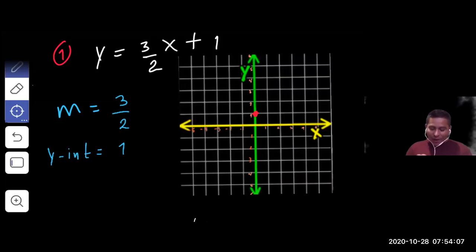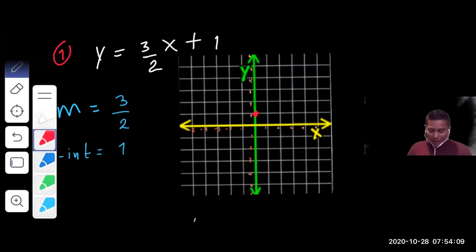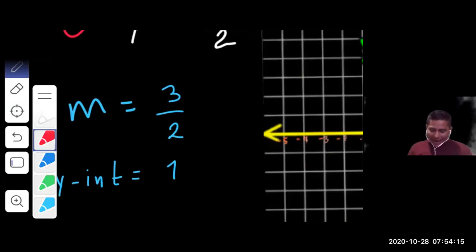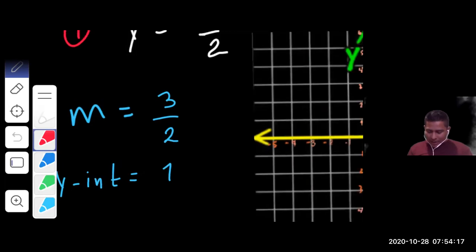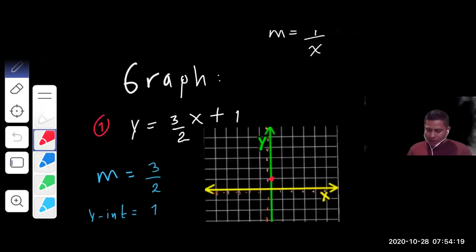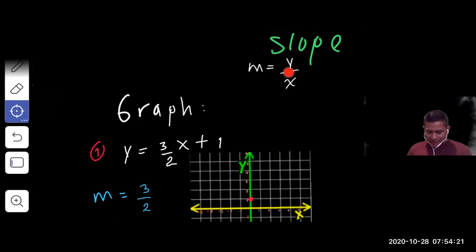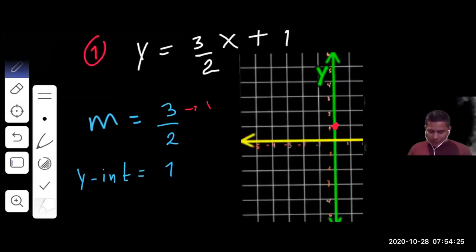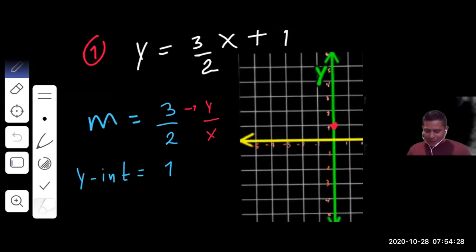And how am I going to get the next point? Pretty simple, by looking at the slope. The slope is telling you, guys, the inclination of the graph. Do you remember that I mentioned that the slope is a fraction, y over x? Let's put that here. This stands for y and this stands for x. What does this mean, guys?